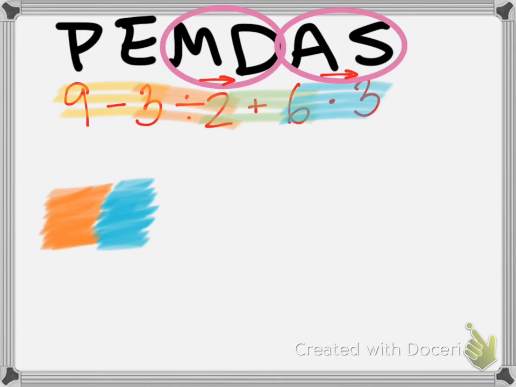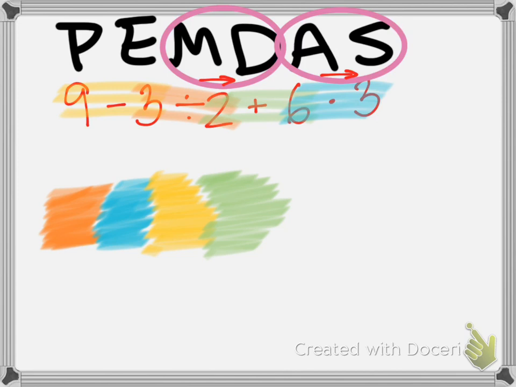What color comes next after that blue? Yes, you guys are rock stars, yellow, because even though addition comes first, we're going left to right. But then, lastly, we have our addition. So you always need to make sure that you're going in a specific order.